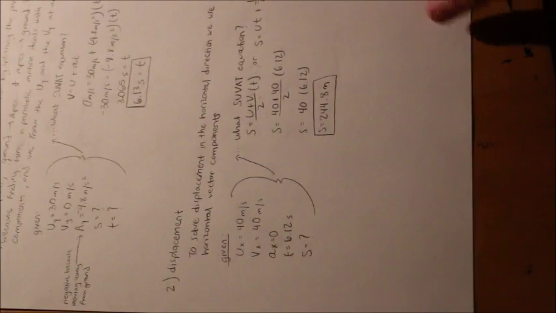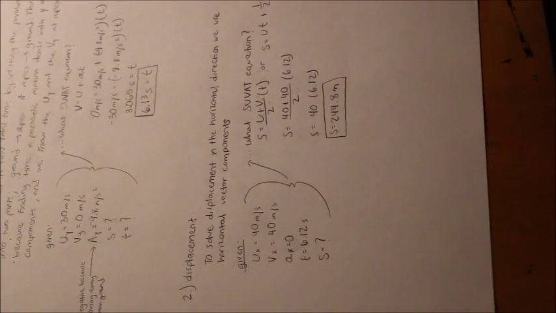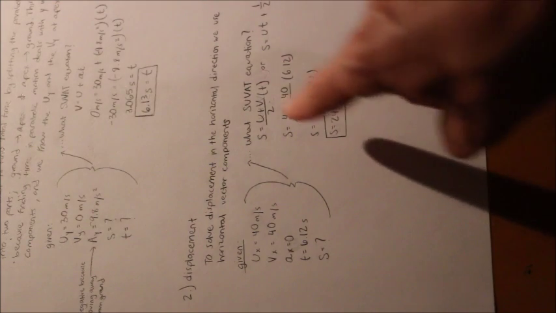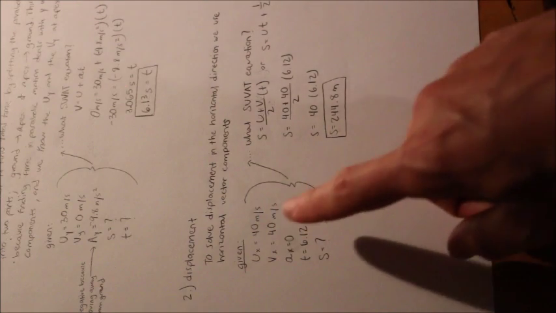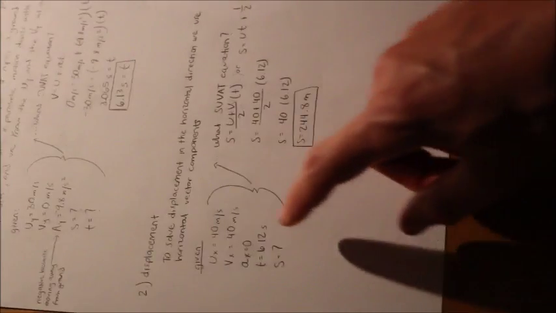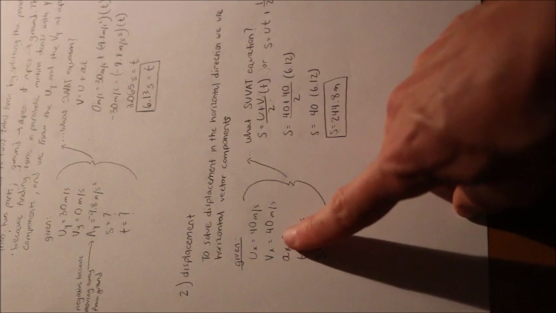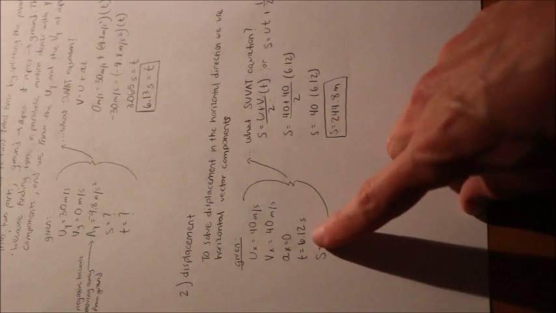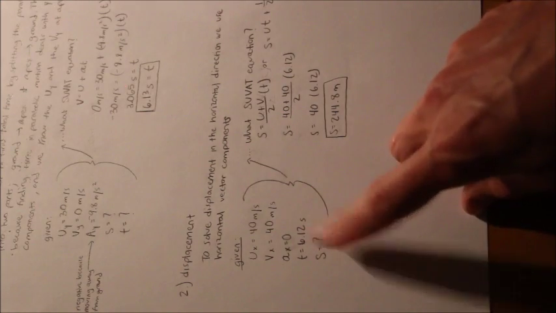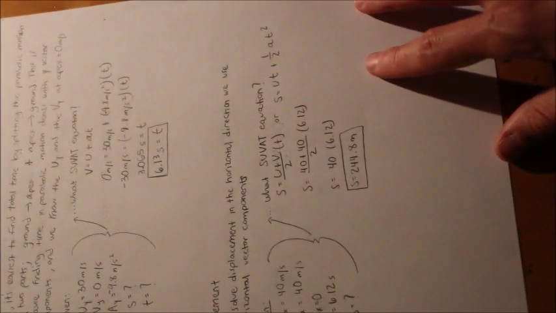Coming down to solve our second goal, displacement in the horizontal direction, we use horizontal vector components. We are given the initial velocity in the x direction as 40. The final velocity is 40, it doesn't change. The acceleration is 0, the time is 6.12 seconds, and we don't know the displacement.